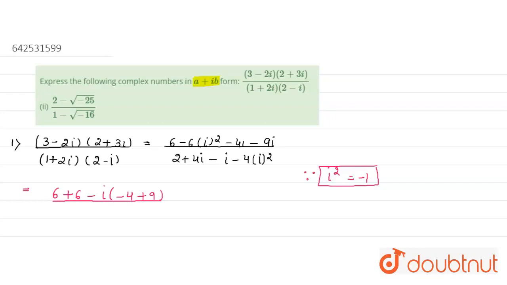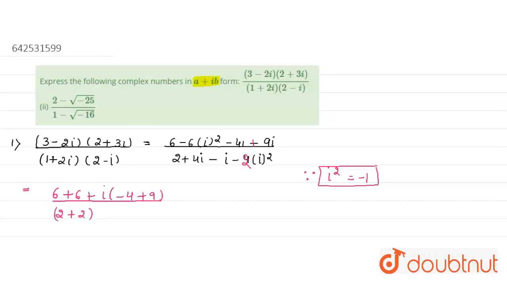And here, if I take minus common, I will be left with plus. So it's a plus 9, right? Now in the denominator, what I am left with is 2, and this is also 2, so it will become 2 plus 2.